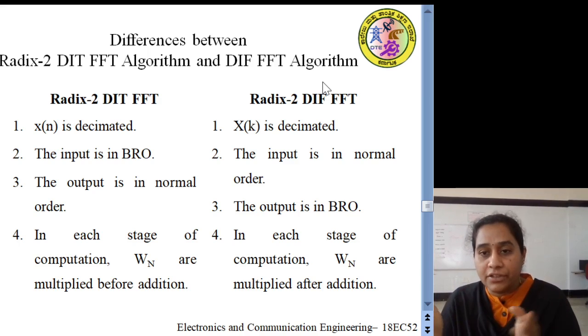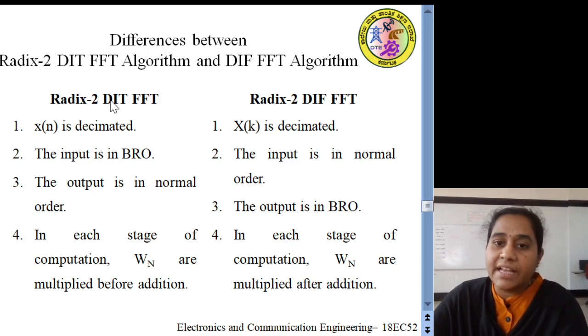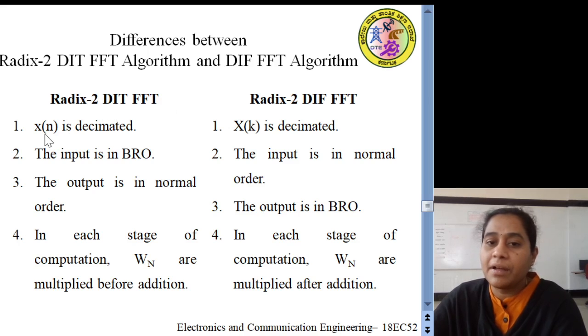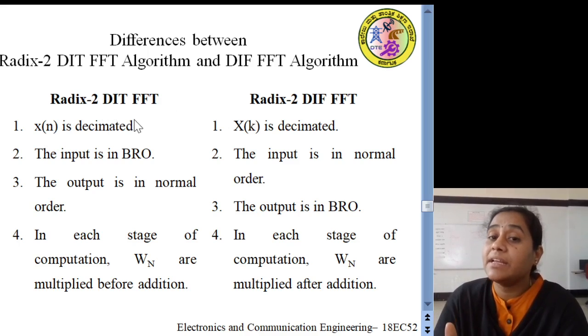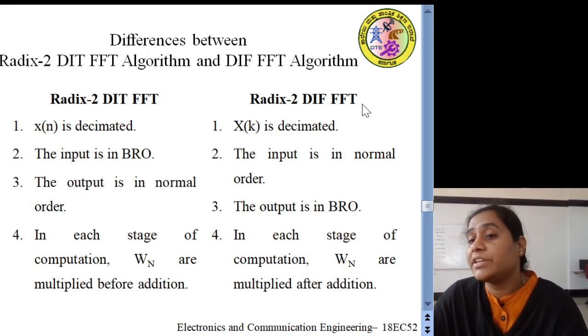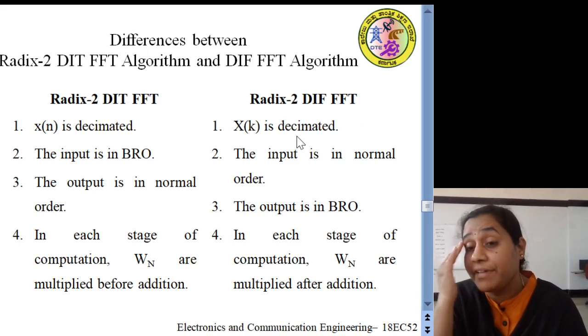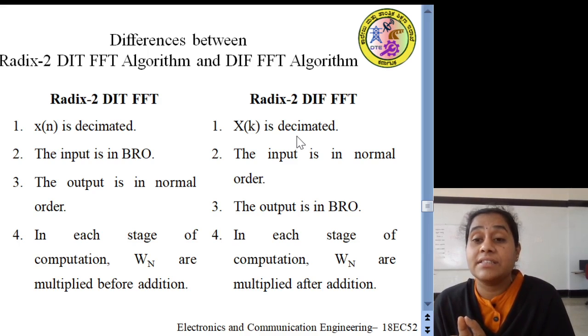In the case of radix 2 DIT FFT algorithm, our x of n is decimated. That means the time domain samples are decimated here. In the radix 2 DIF FFT algorithm, X of k is decimated. So here we are splitting the frequency domain sequence.